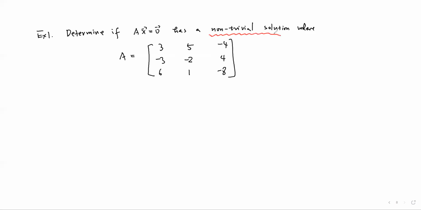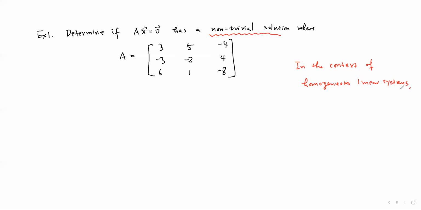Non-trivial solution, what it means in the context of homogeneous linear systems.